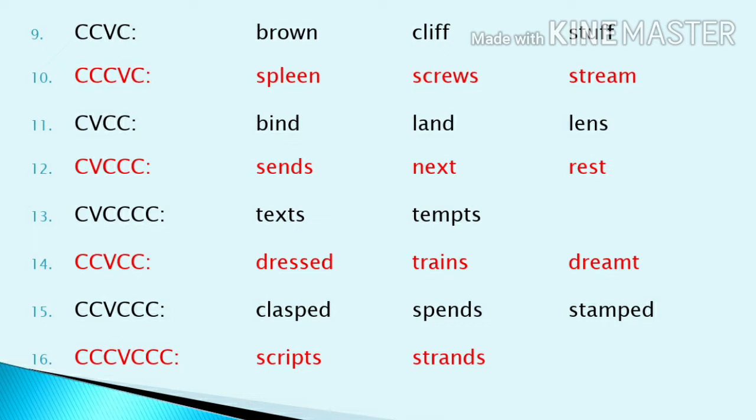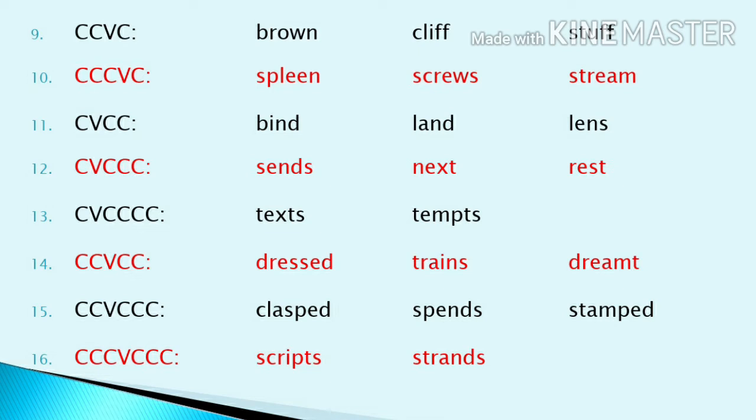CVCC structure: bind, land, lens. CVCCC structure: sends, next, rest. CVCCC structure: texts, tempts.